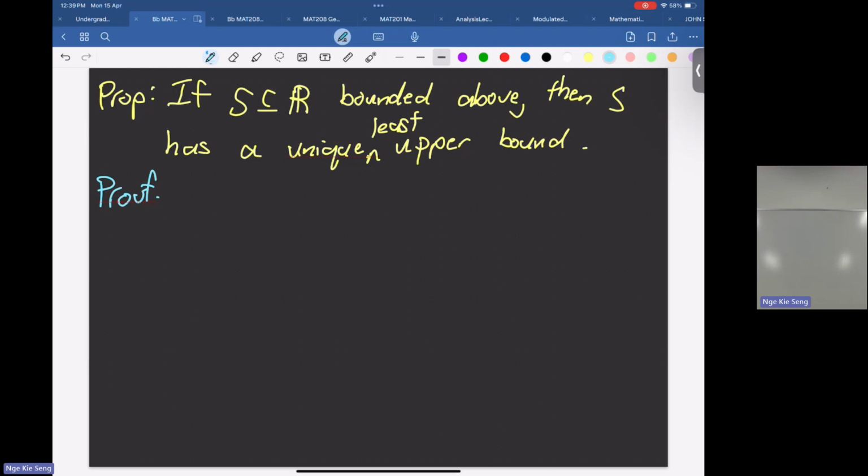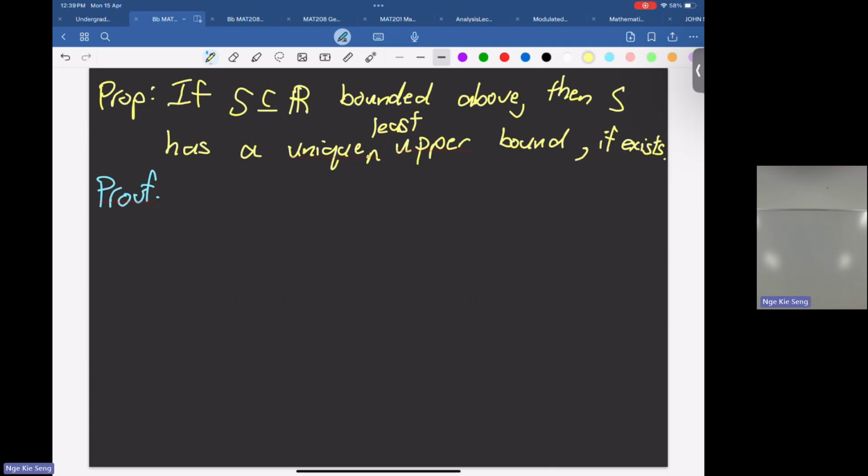My statement here is: if I have a least upper bound, then it must be unique. So I would say here, if it exists. This statement doesn't prove existence. You get what I mean?